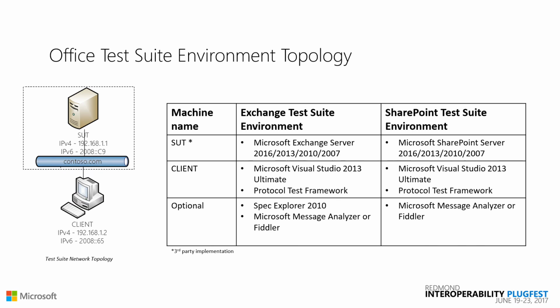And optional part, we put the Message Analyzer or Fiddler, and Spec Explorer is for the model-based test case. So we have a couple of model-based test cases in the Exchange RPC package. So if you are using them, you might want to use SE as well.